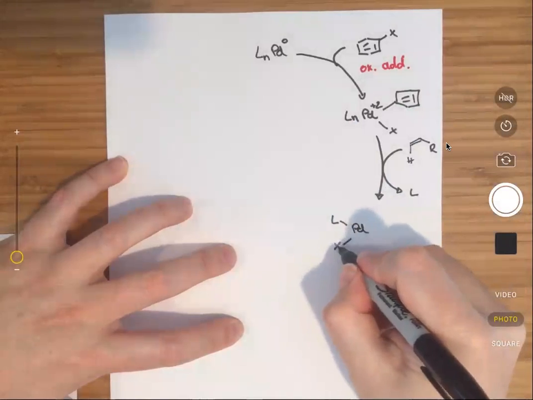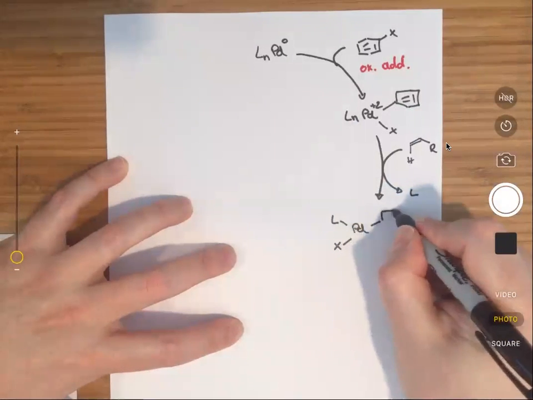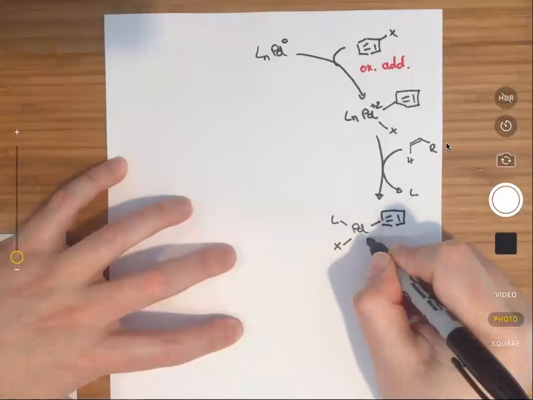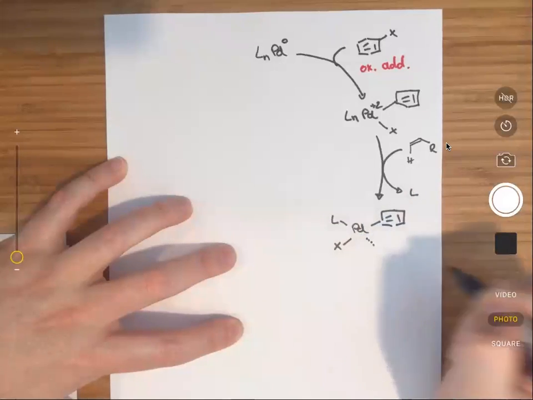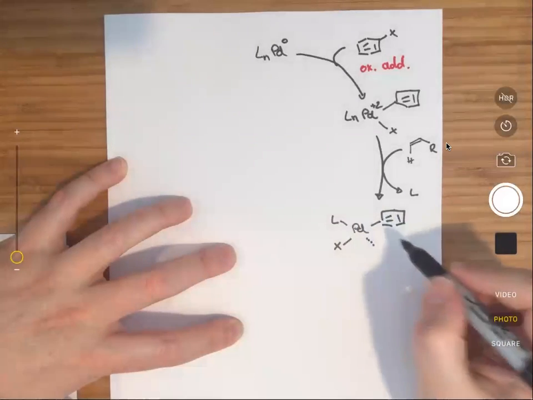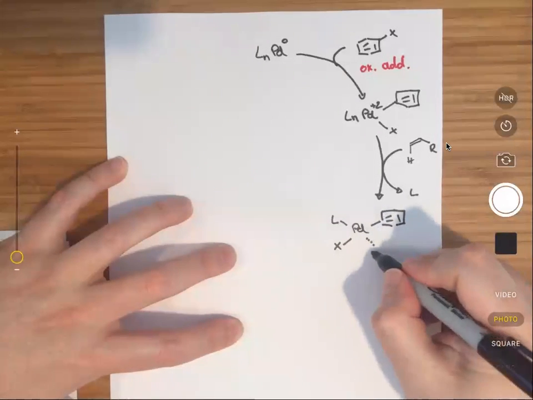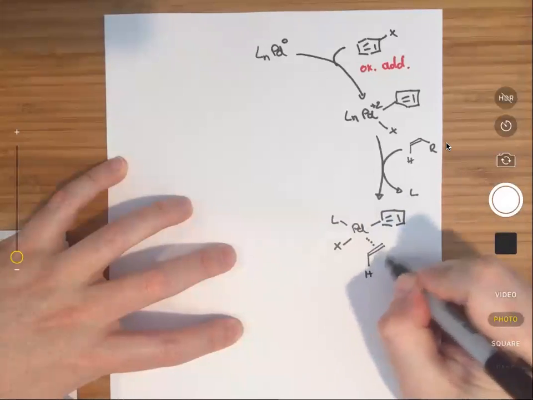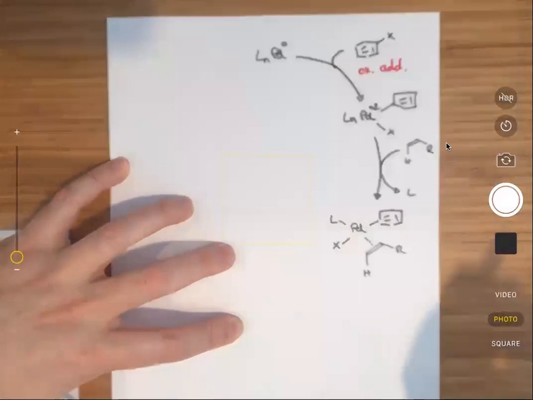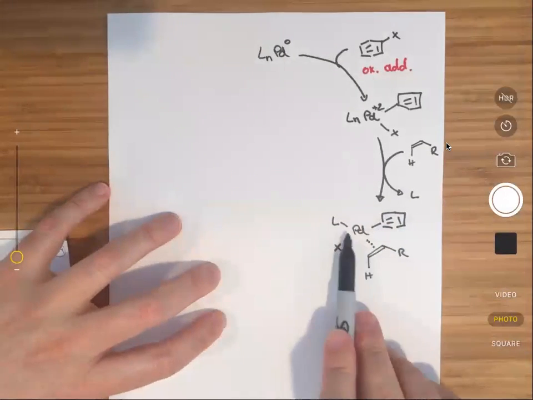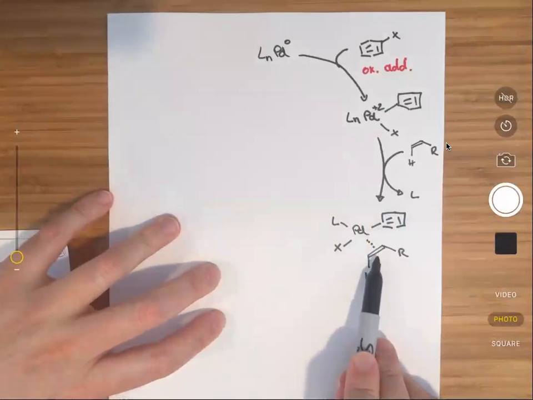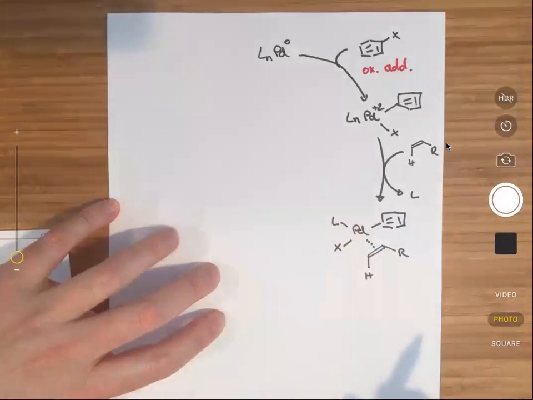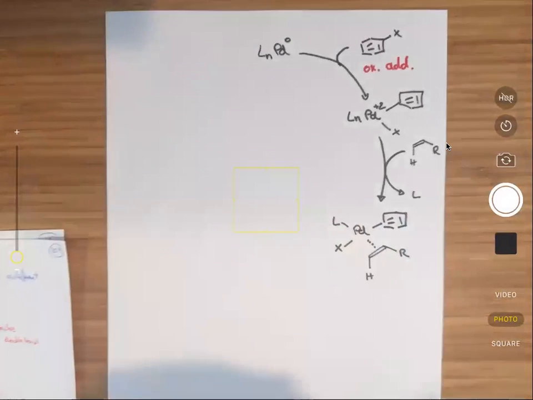You have your X remaining on here. You have your aromatic ring on this side. And then down here, again, very similar as we had drawn it previously for the alkyne, the copper coordinating to the alkyne, you have the palladium coordinating to this double bond of the olefin, right? So this is again a pi bond between the palladium and the p orbitals of this pi bond. So we can call this again a pi complex.